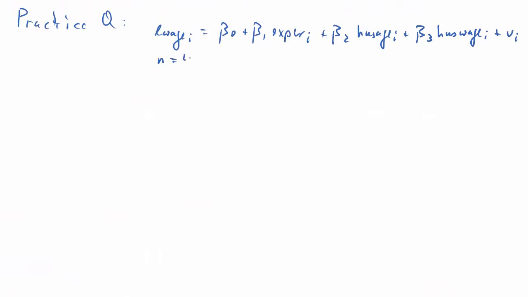So why not solve this little practice quiz? We have another linear regression model, this time with 3 explanatory variables. Again, years of experience, but this time husband's age and husband's wage. The null hypothesis is that these 2 associated coefficients, beta 2 and beta 3, are restricted to 0.